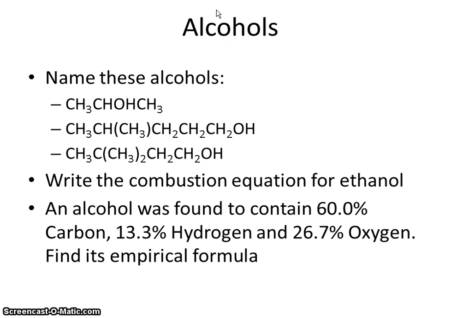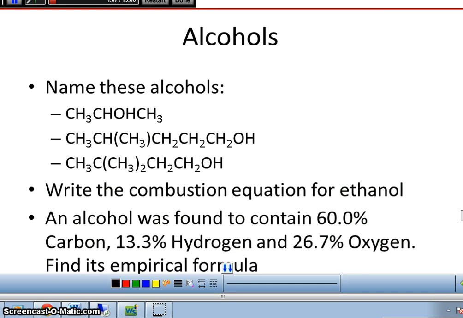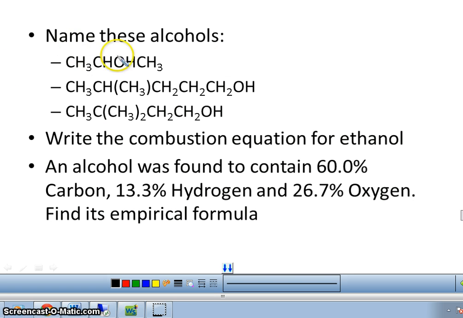Right, so naming those alcohols. Wrong one. That one. Name those alcohols. This, of course, is 1, 2, CH3, CHOH, CH3. If you're like me and you like to draw it out so you can see it, it's fine.